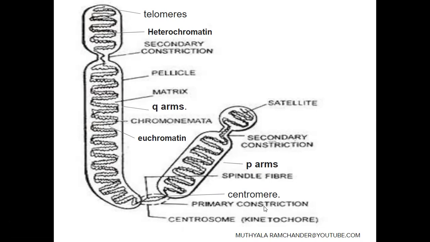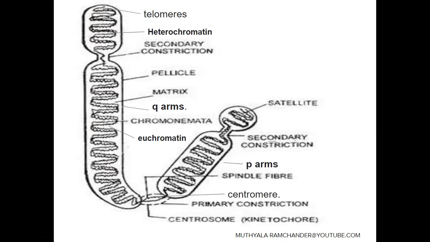In the primary constriction, euchromatin genetic material is high in concentration and heterochromatin is completely absent.